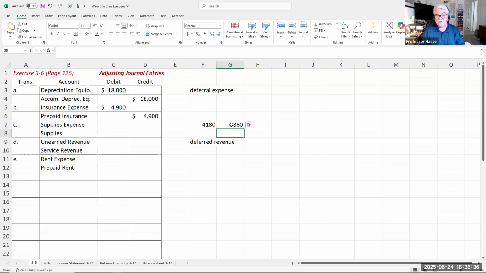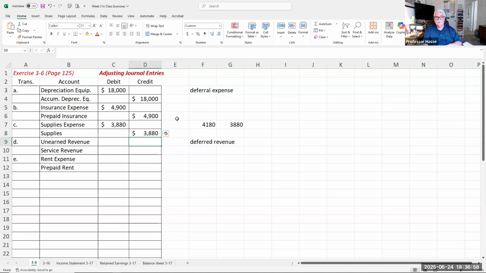That must mean we used $3,880 of supplies during the period of time. Debit supplies expense, $3,880, and credit supplies, $3,880. We're showing the use of expenses by taking an inventory.